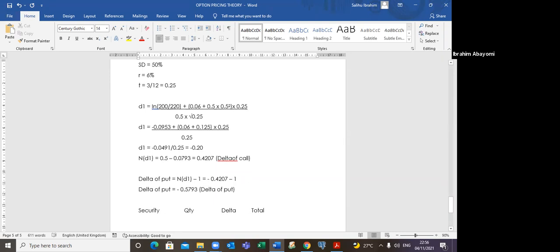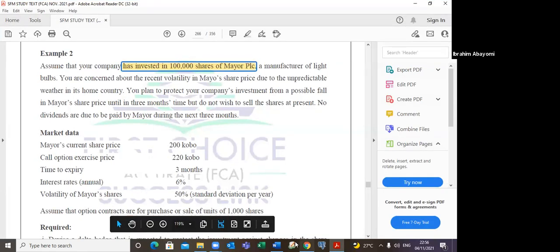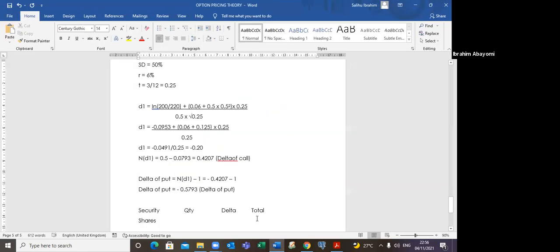Now, we are dealing with two things here, shares and options, and what type of option? Put. So I will start with shares. Write shares here. Now, how many units of the shares do we have? 100,000. Go and put the 100,000 there. What's the delta of shares?